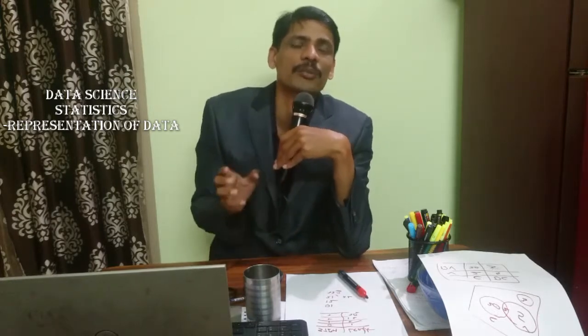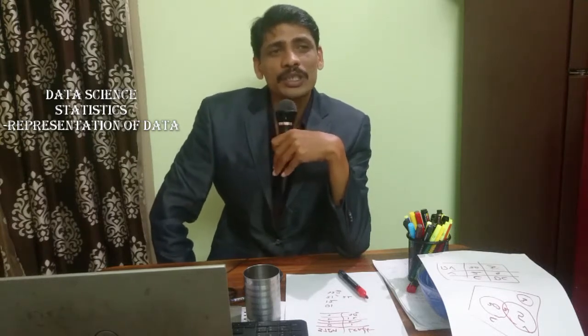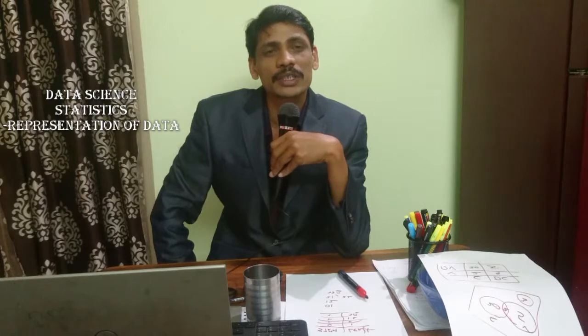We can interpret our data in these kinds of pictorial representations, so that before taking decisions we come to proper conclusions, basically proper interpretations. So we need to see what kind of pictorial representation, what kind of charts we need to use, based on our data only.